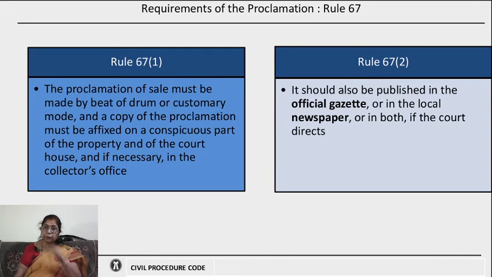Rule 67 subclause 2 says that this proclamation also has to be published in the official gazette or in the local newspaper or in both, if the court directs that it should be so.